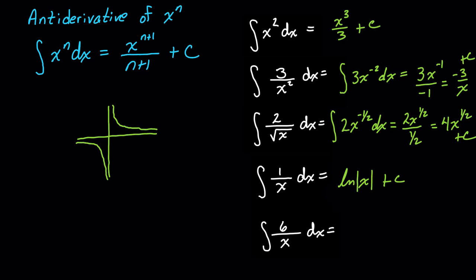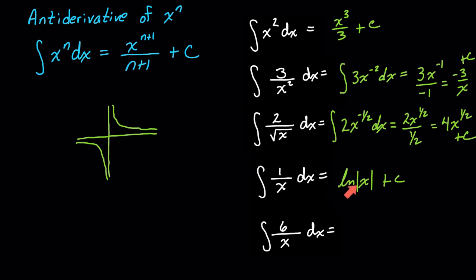Now, the problem here is that with 1 over x, you can put positive values in for x, you can put negative values in for x. You cannot put 0 because there's a vertical asymptote right here. But you can put negative and positive values in for x.